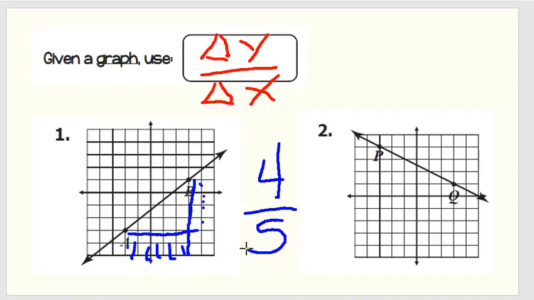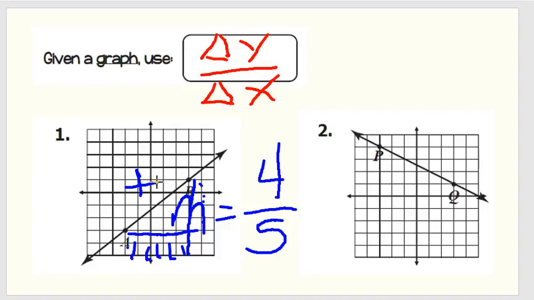Your change in y is 4, your change in x is 5, so your slope, always designated as an m, is 4 over 5. Now, you want to keep it in that form. You don't want to change it to a mixed number or to a decimal. Slopes are written in fraction form because they mean the change in y over the change in x. This one is a positive slope because it's going up, just like we previously showed.